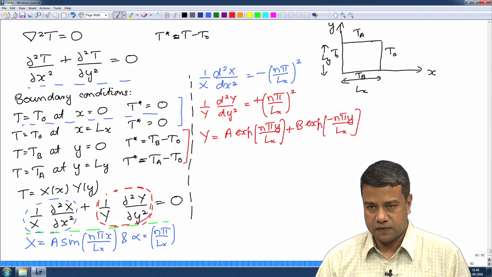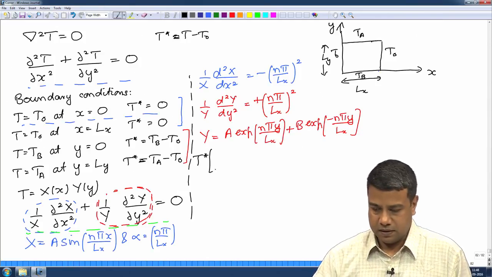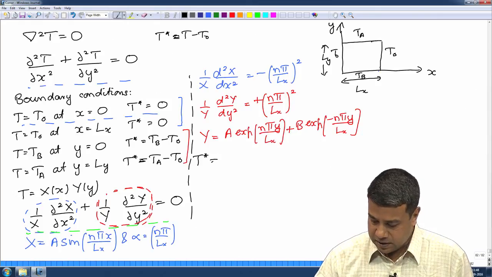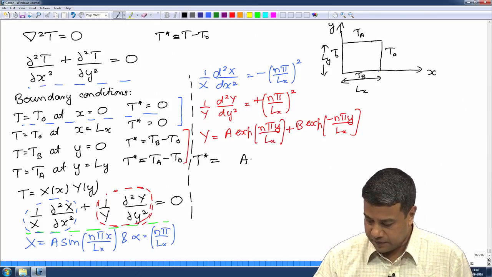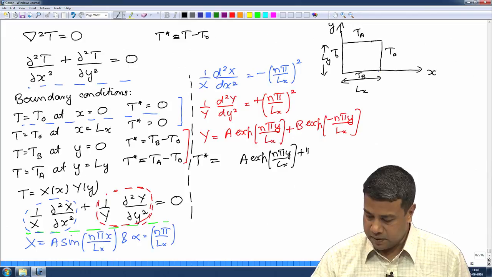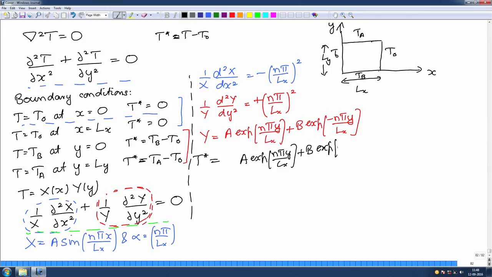So, a general solution for this, the temperature, is equal to A exponential of n pi y by Lx plus B exponential of minus n pi y by Lx.